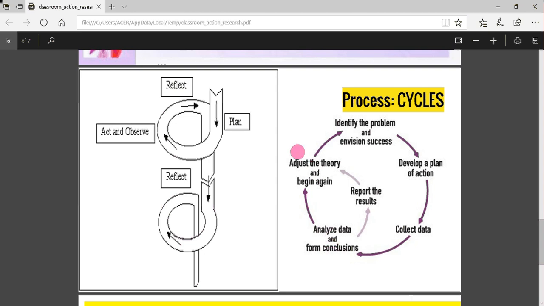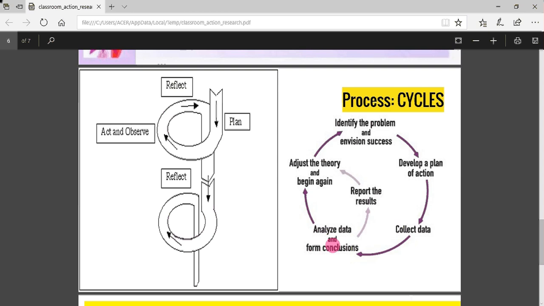Then you have to make some adjustment and modification to your treatment, your action. You discuss and revise your instrument, write the modification of your treatment, then go to the classroom again, do the action again, collect data again and analyze the data. That's all.